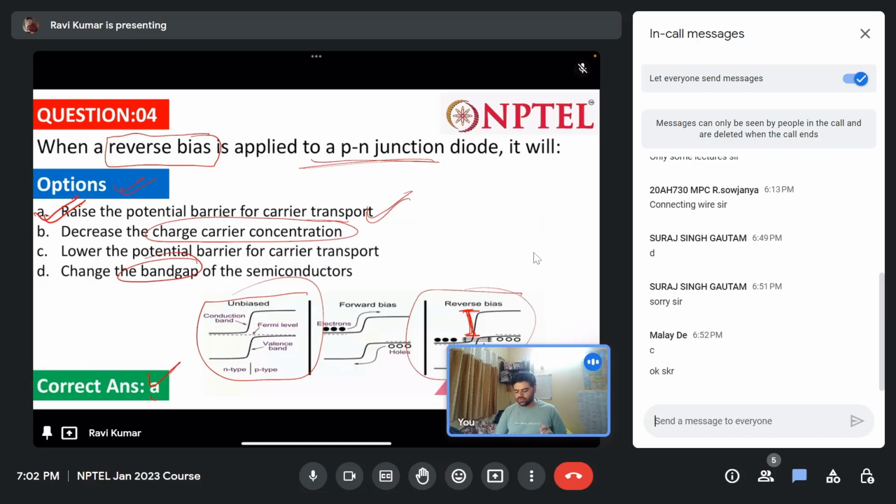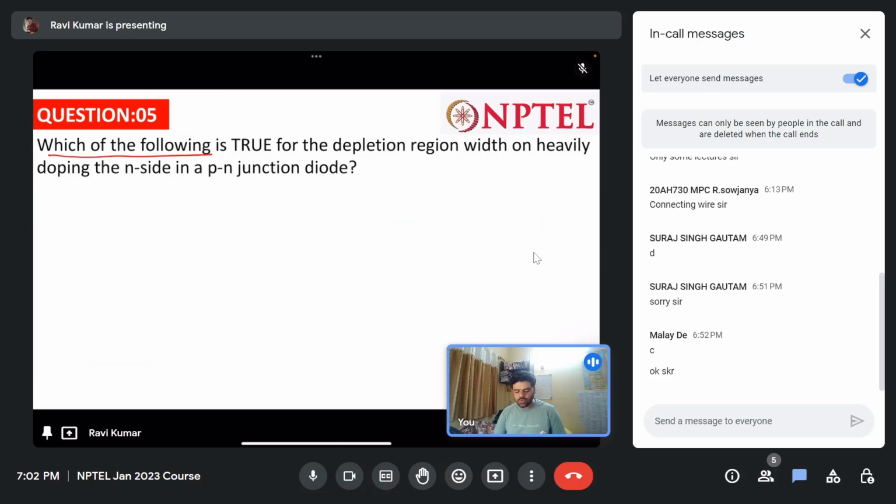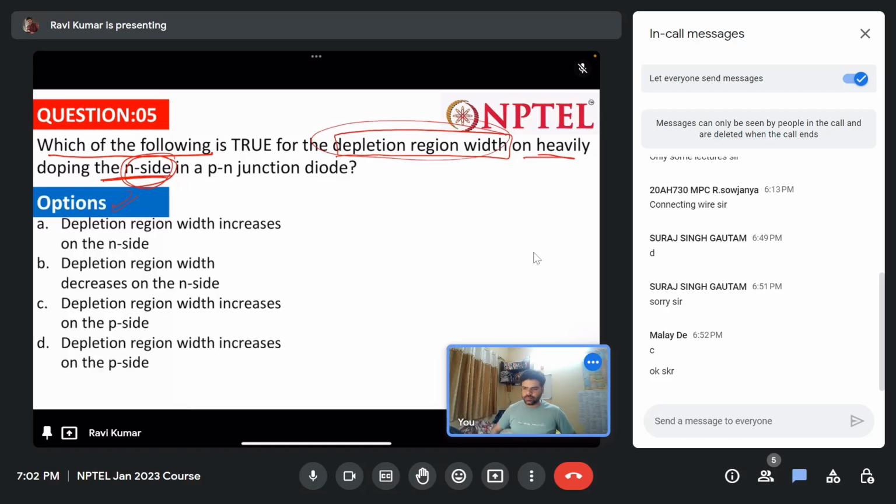Let's move to the next question, which says, which of the following is true for the depletion region width on heavily doping the N side in a PN junction diode? Just understand the question. It is saying if the N side is highly doped, then what will happen regarding this depletion region width? And these are the options. Sir, B. Depletion region width decreases on the N side.